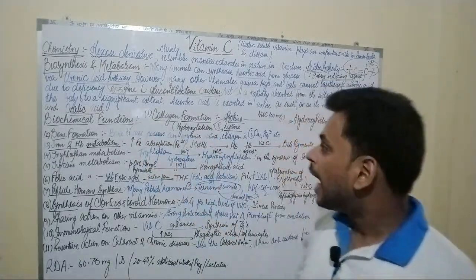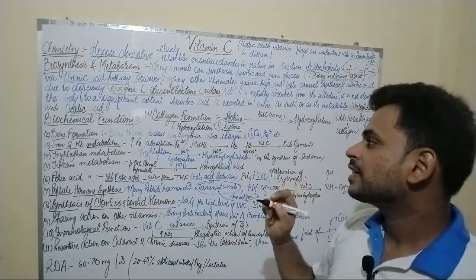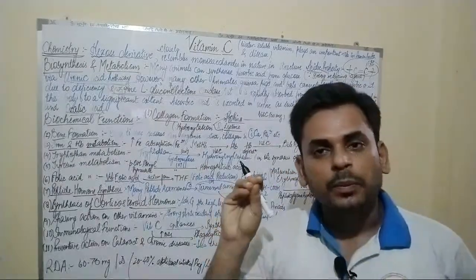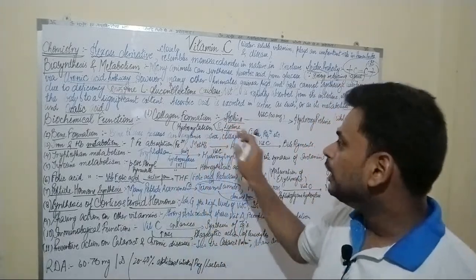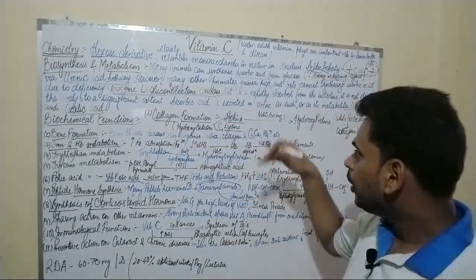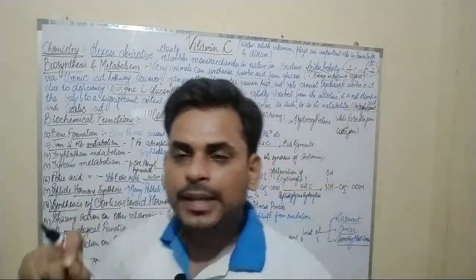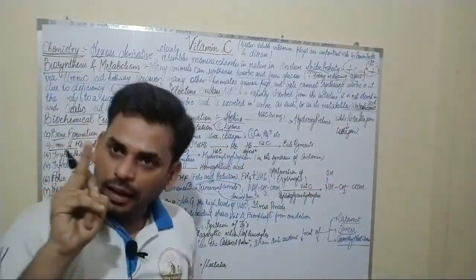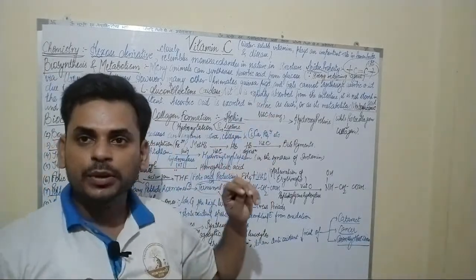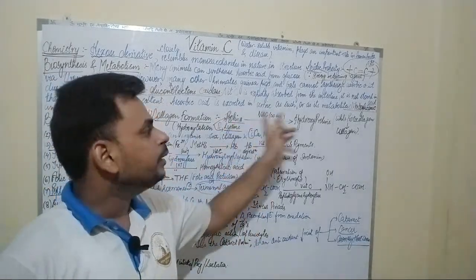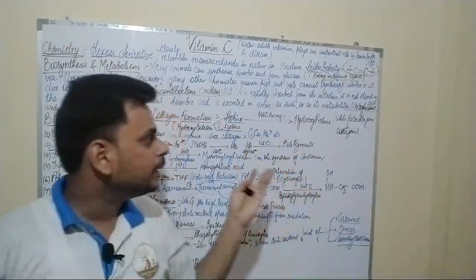So the first biochemical function is collagen formation. The fact I need to emphasize is that vitamin C is very important for the hydroxylation of proline and lysine. When vitamin C acts as a coenzyme, the hydroxylation of proline and lysine occurs, and finally proline gets converted to hydroxyproline.